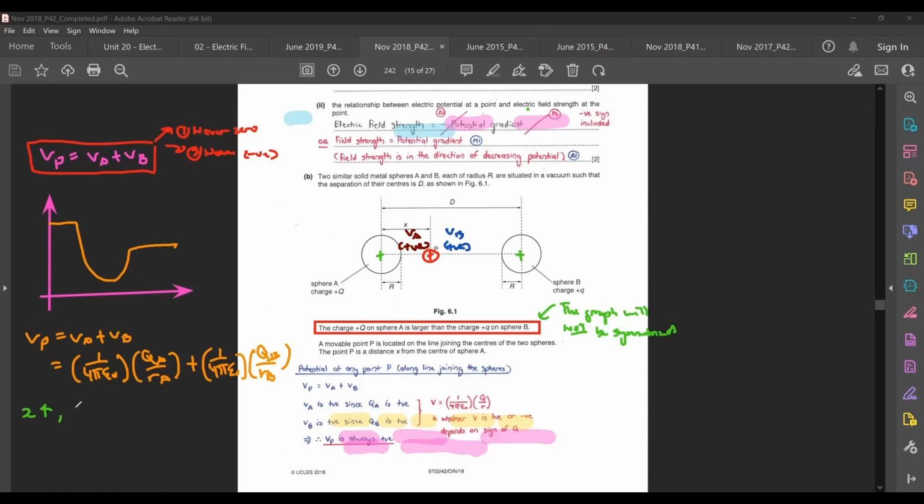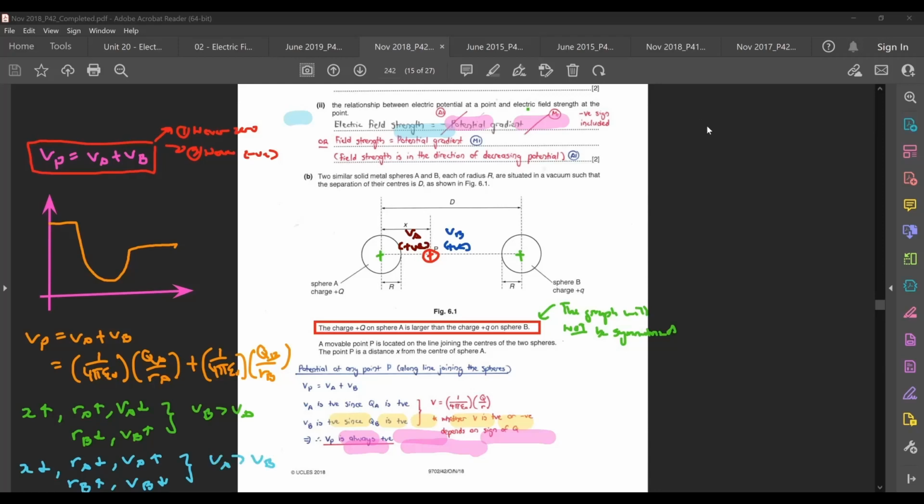If your x increases, your RA will increase such that your VA will drop, but your RB will drop such that your VB increases, so that now VB will be more than VA. On the other hand, if your x is dropping, your RA would drop such that VA increases, but your RB would increase such that your VB drops. In such a case, your VA will be more than VB.